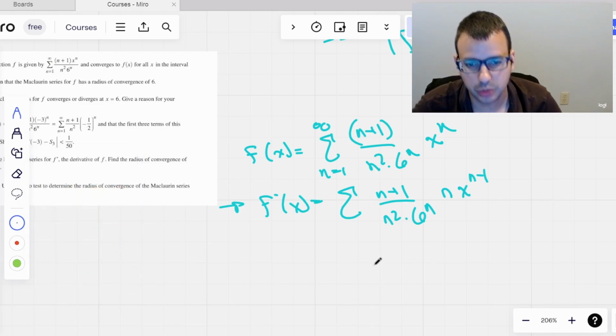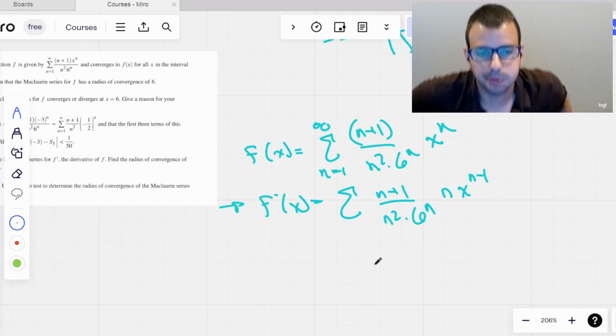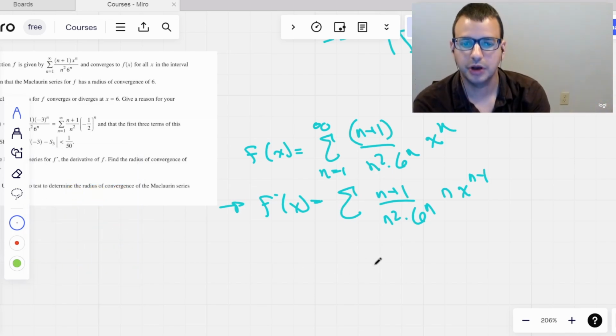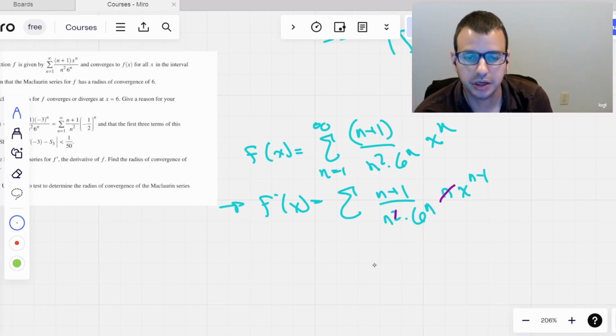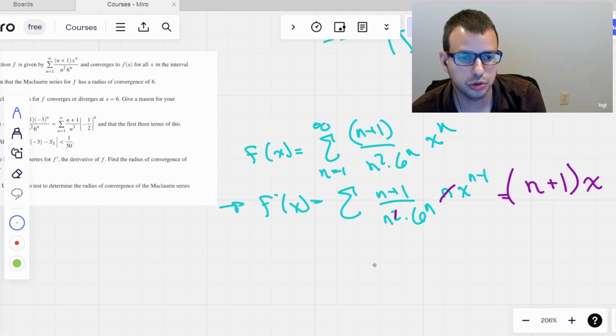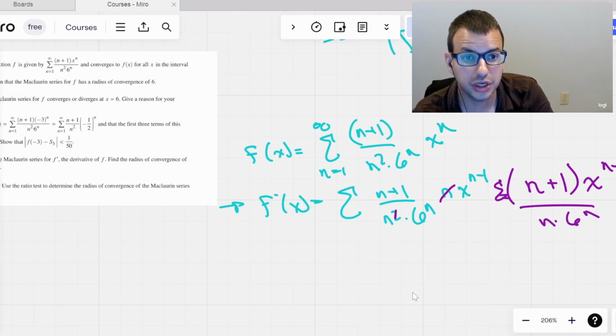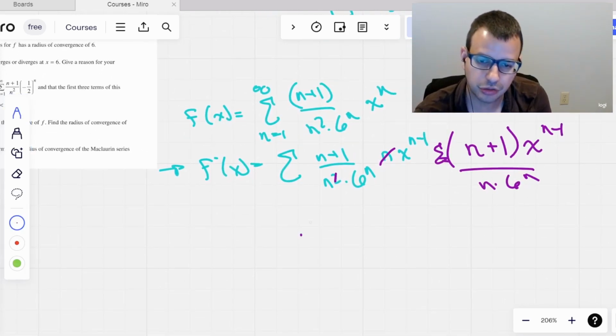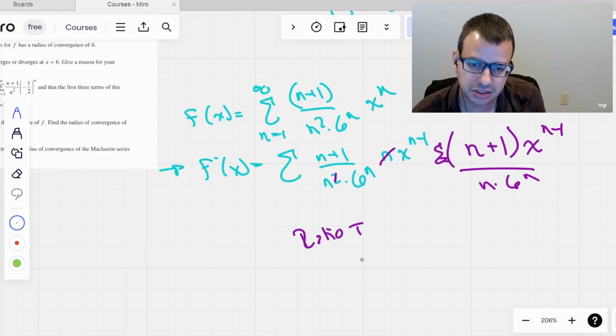There might be an easy way to do this. Oh, I could probably cancel out one of the n's real quick. But I'm not quite sure the best way to do it. So I'm going to default to the ratio test. I know, super messy, and I apologize. So ratio test. So I'm just going to write down ratio test.